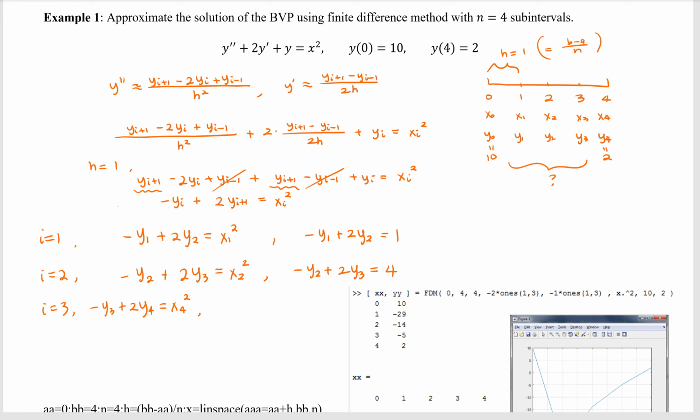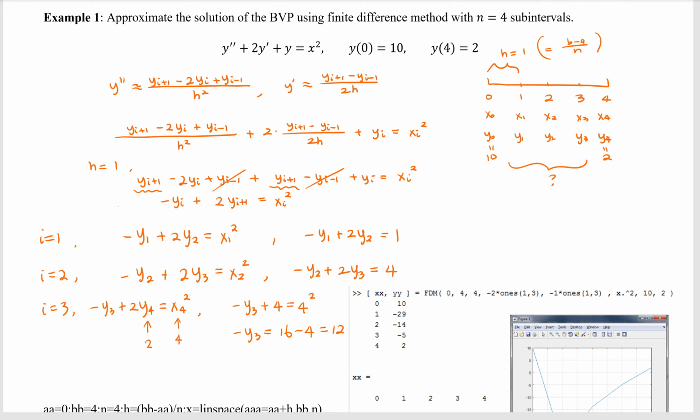But here, x4 is 4. y4, we know it is actually 2. So we get minus y3 plus 2 times 2 is 4 equals 4 squared. So minus y3 equals 4 squared, which is 16 minus 4 equals 12.